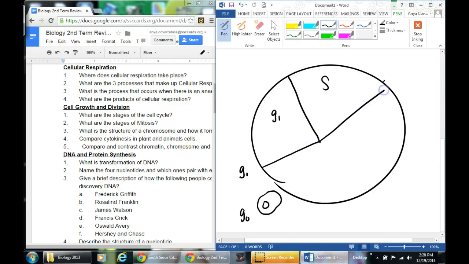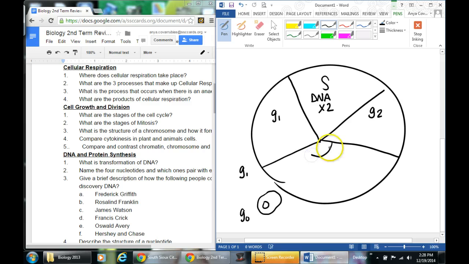The S phase is really important because this is where the DNA inside of the cell is reproduced. DNA is ×2. We do this with DNA replication, which I'll be talking about next. And then we have the G2 cycle. G2 is where we are preparing for cellular division, for the process of mitosis.